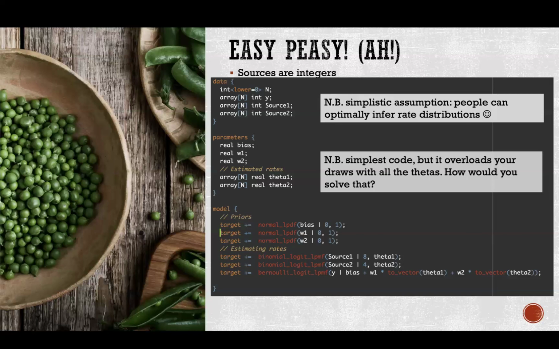Now I haven't done the full data simulation because I just wanted to show you how to play with the Stan code. But of course we would have real data, right? And then given the real data, we can estimate the bias, the weight 1 and the weight 2.